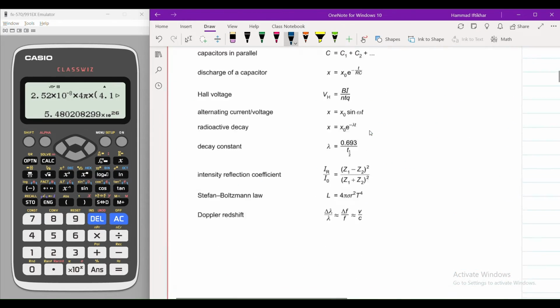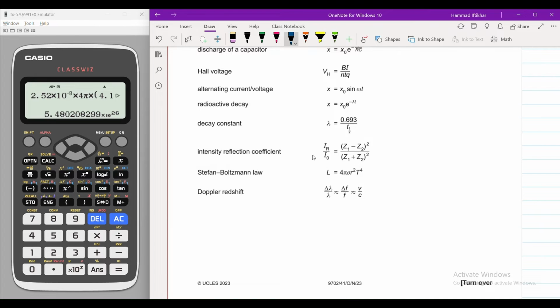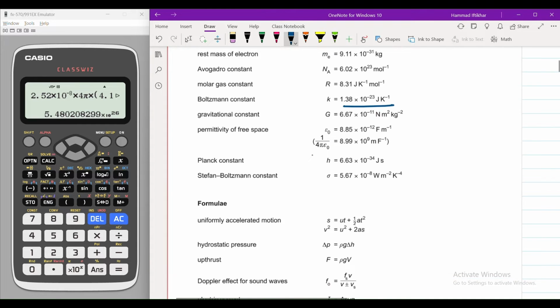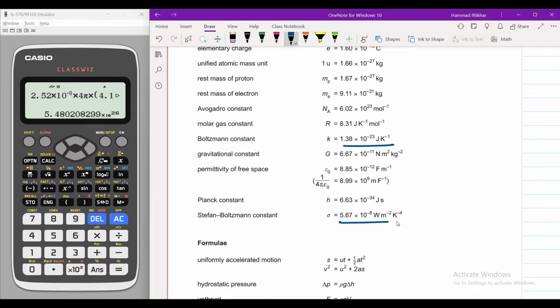Let's check the value. Sorry, that is 5.67 times 10 raised to power minus 8.